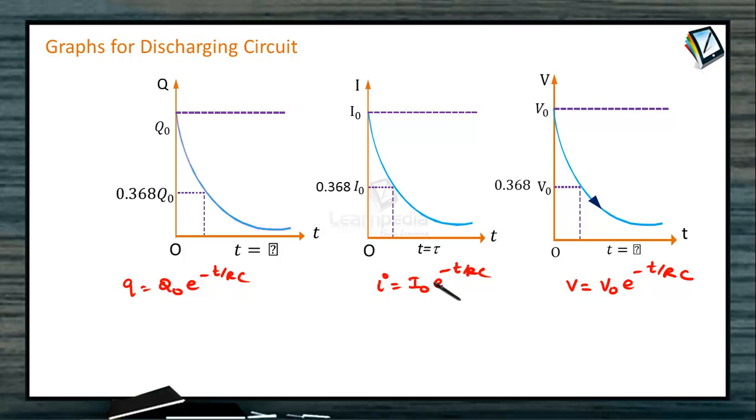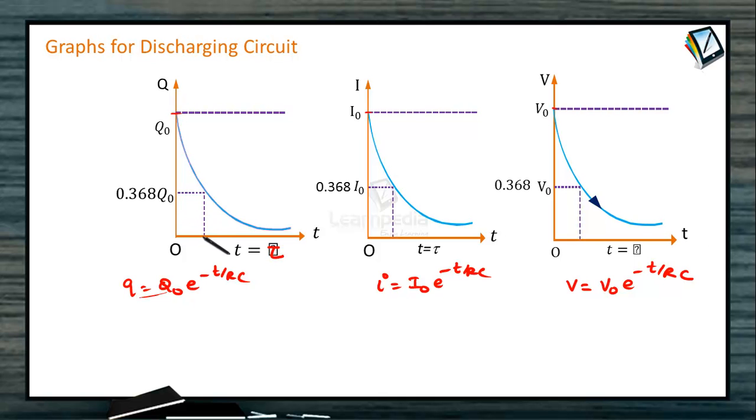At t equal to 0, the charge is Q0, current is I0, potential is V0. At t tending to infinity, charge Q is 0, current I tends to 0 and V tends to 0.